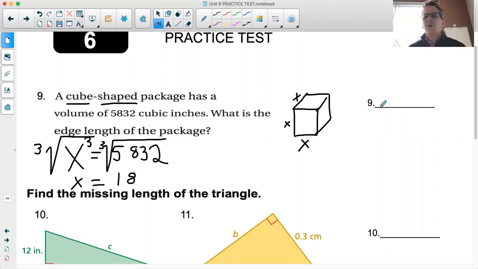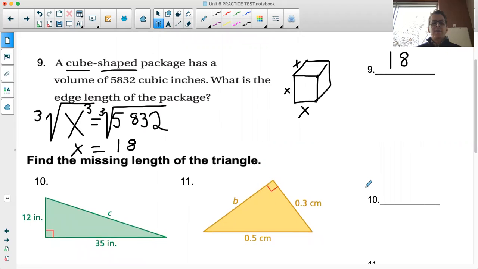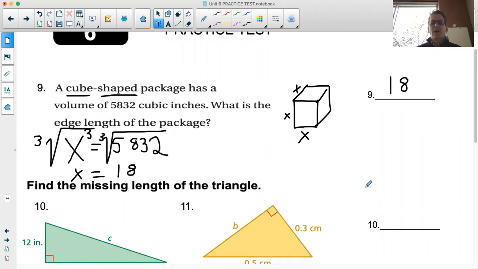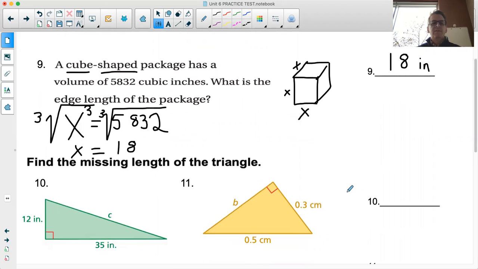The use of your calculator could work with that one. All right, let's move along to the next section, which is finding the missing length of the triangle. So I should put down 18 inches for number 9.